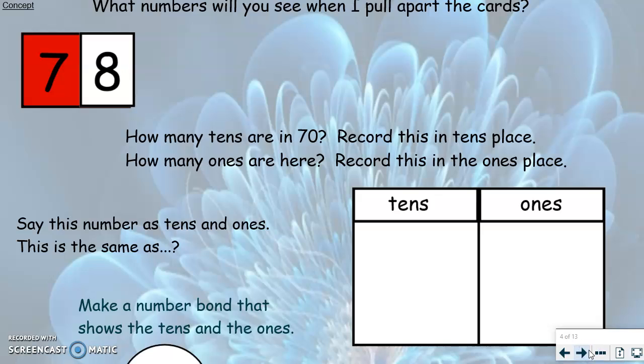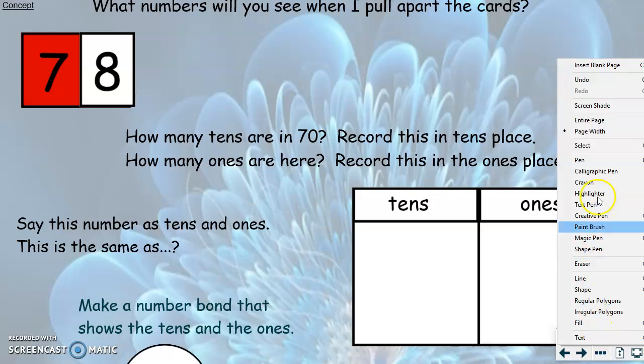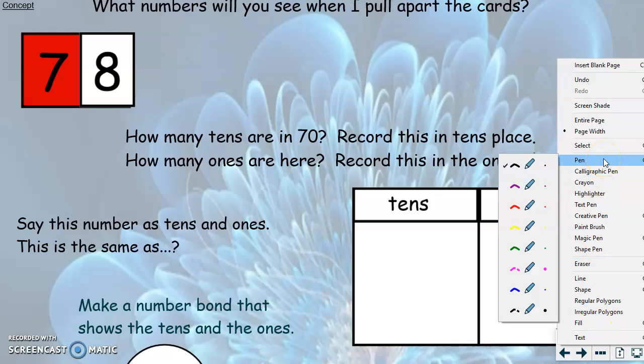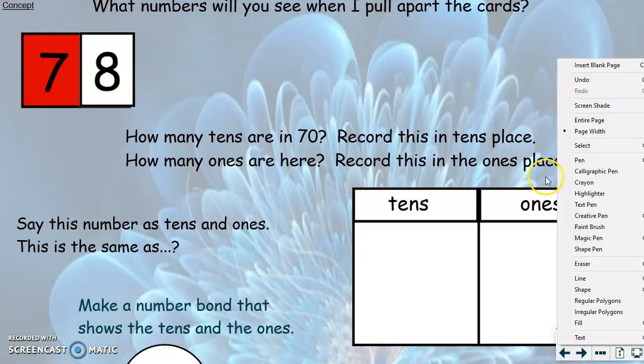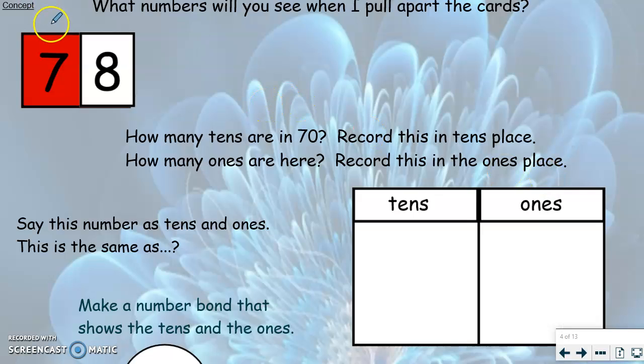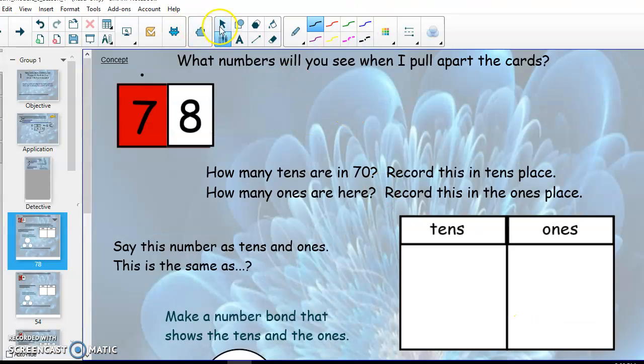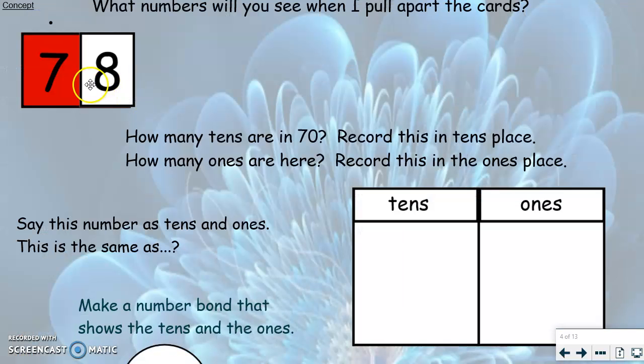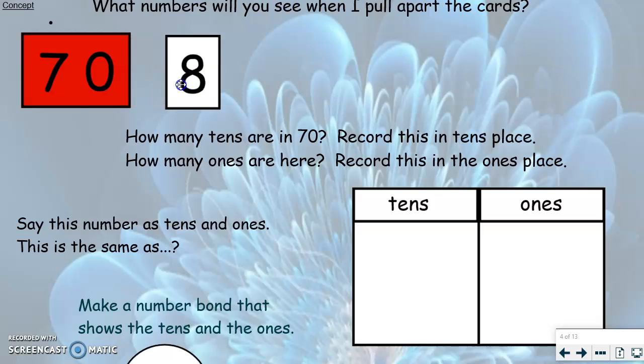All right, guys, so look at this number at the top, 78. What numbers will you see when I pull apart the cards? Let's look and see. Sorry, guys, I got to get my pointer back. Okay, let's look and see when we pull apart the cards.